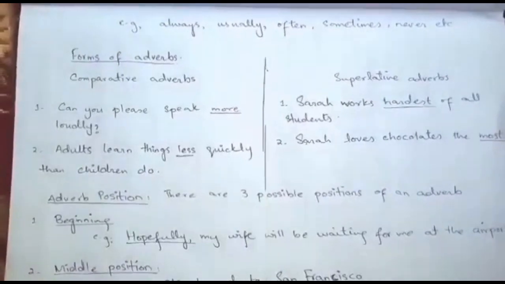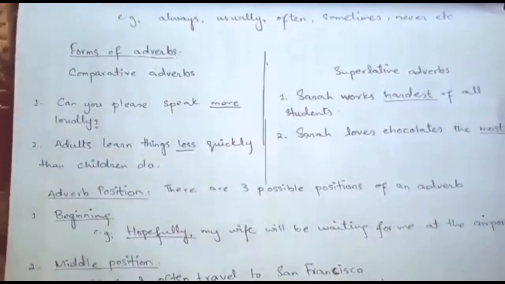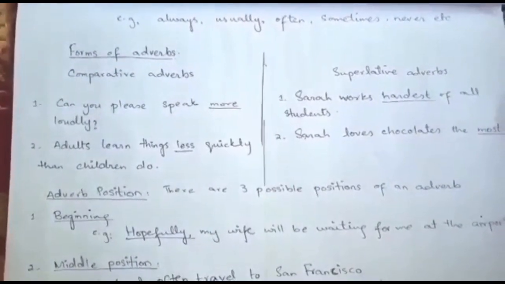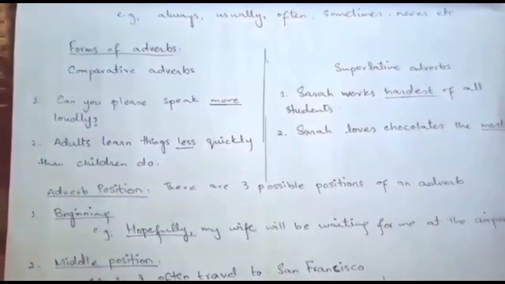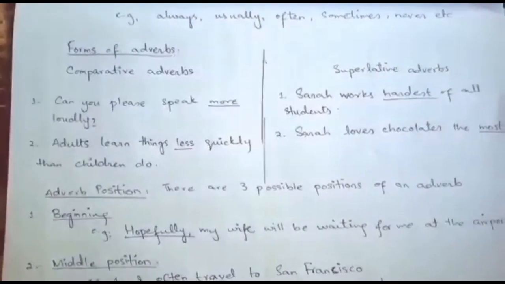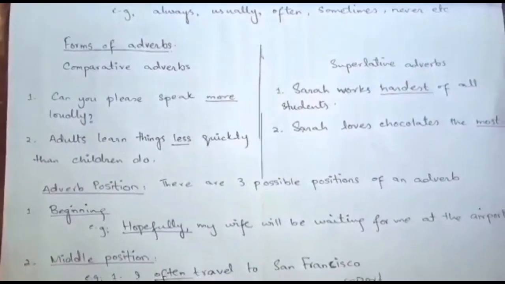For instance, if I say, "I brush my teeth twice a day." So how often do you brush your teeth? Twice a day. So this is the adverb of frequency. Or I always go to school. So over here, always shows the adverb of frequency.